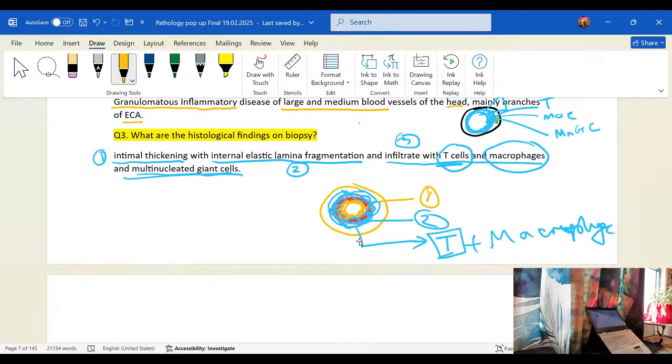Again, it is intimal thickening, internal elastic lamina fragmentation, and infiltration by T cells, macrophages, and multinucleated giant cells.